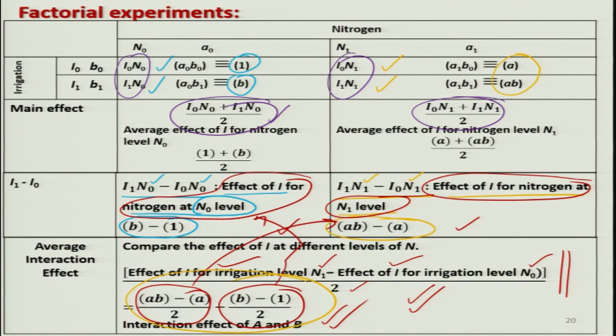So, now you have obtained the main effect of irrigation, the main effect of nitrogen and the interaction effect of irrigation and nitrogen.